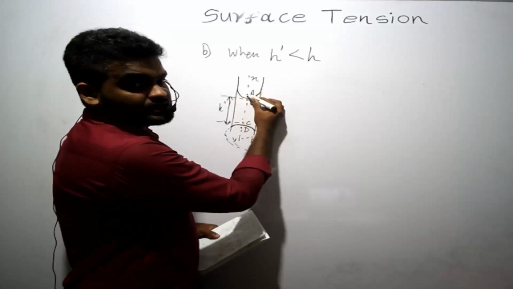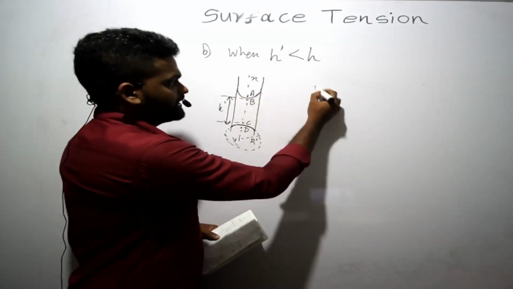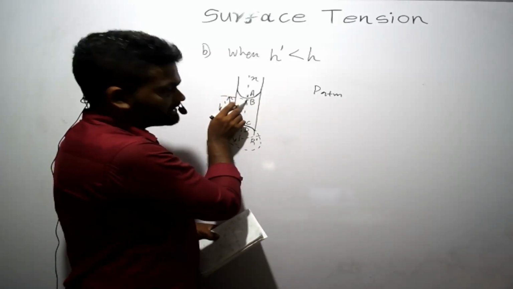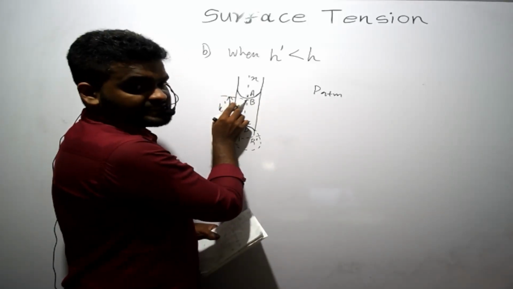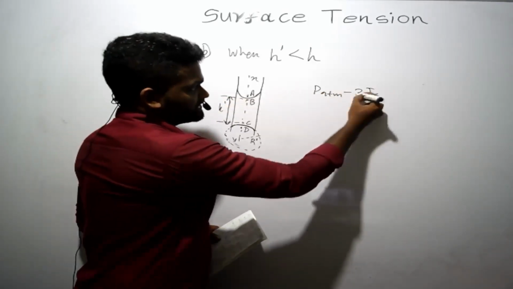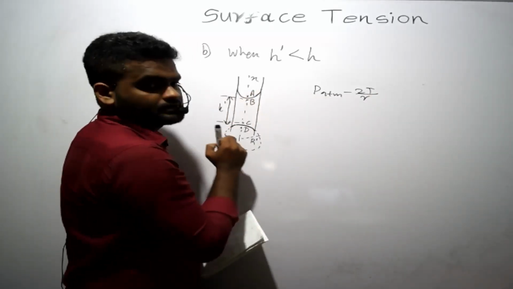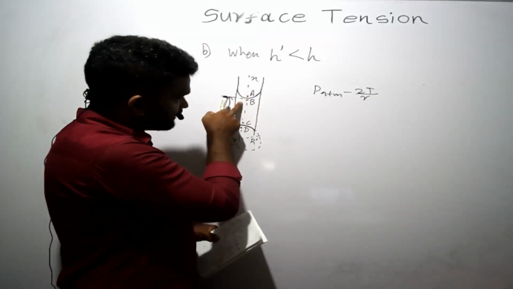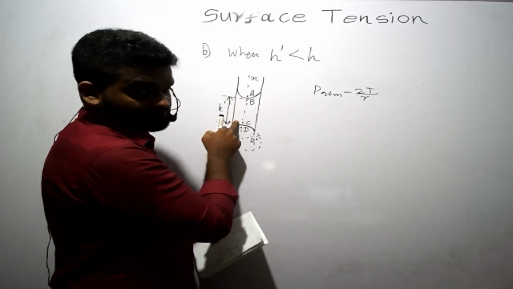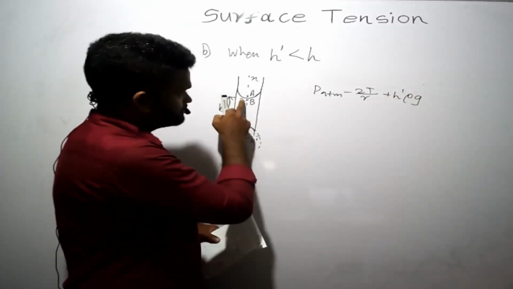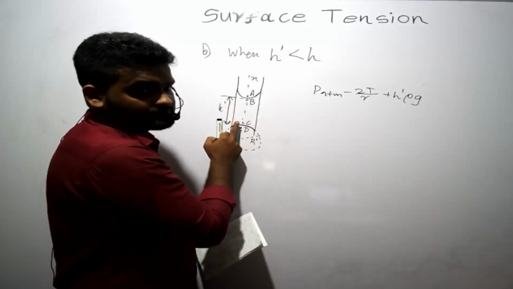What's the pressure here? PATM, slightly below. It is less by 2T over simple r, the internal radius. Then hydrostatic pressure increases by how much? H dash rho g as it comes to C.